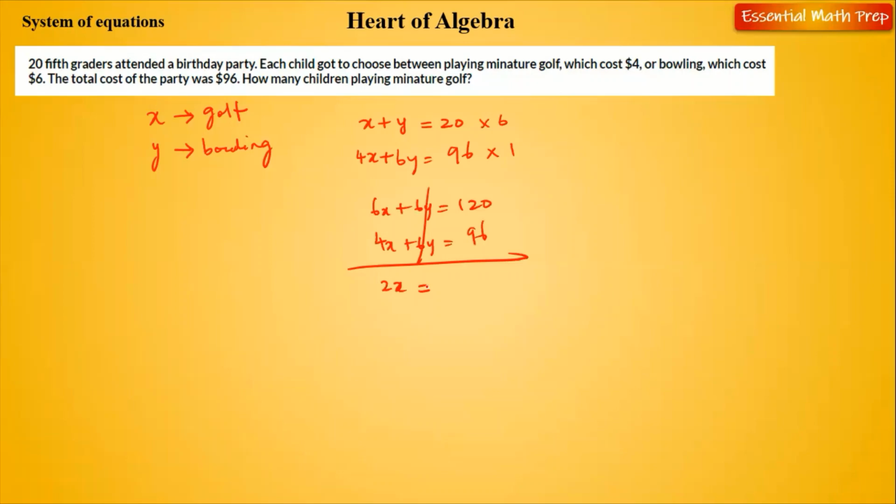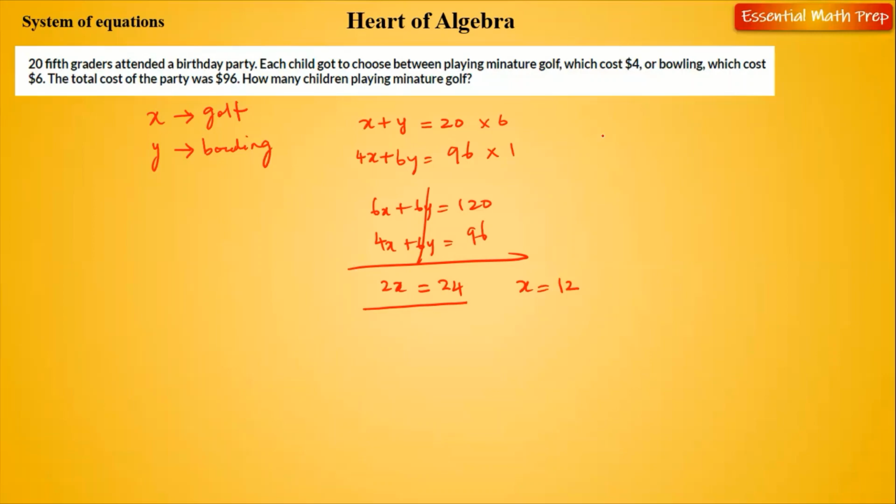What is that? That's 24, and therefore X equals 12. So that means 12 children played golf.